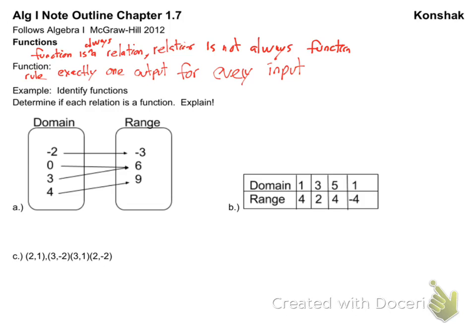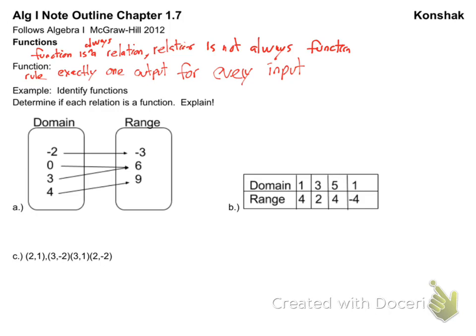There might be 2 or 3 of them, and that's fine. 3 inputs that all lead to the same Mountain Dew. So that's still a function. You can have multiple inputs going to the same output. But if I hit that input, no matter which one it is, it has to lead me to the same exact output, and only one of them every time.